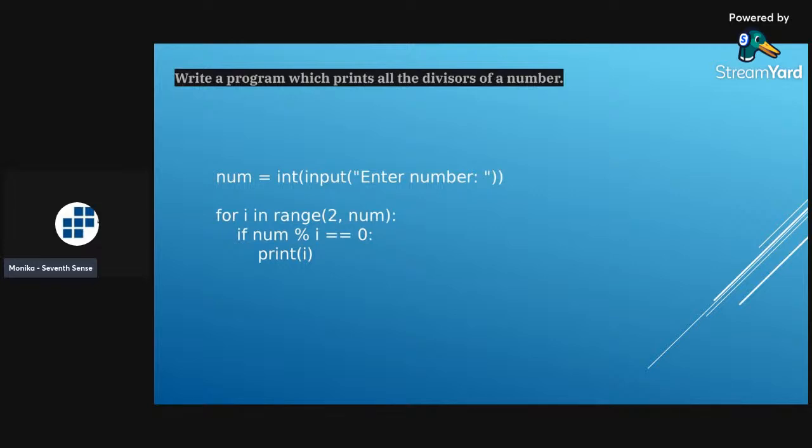So now if we enter the input as 10, the output will be 2 and 5. 10 is a multiple of 2 and 5.